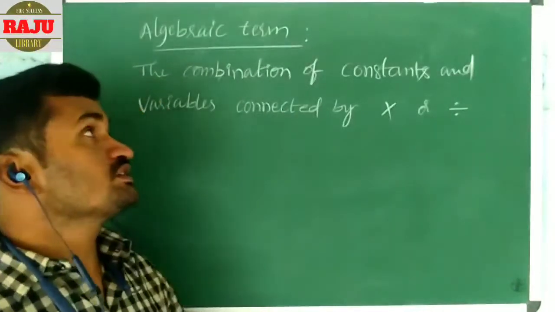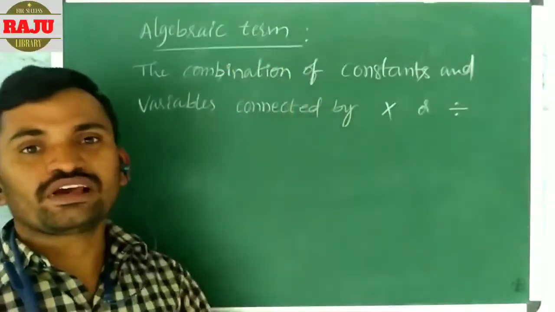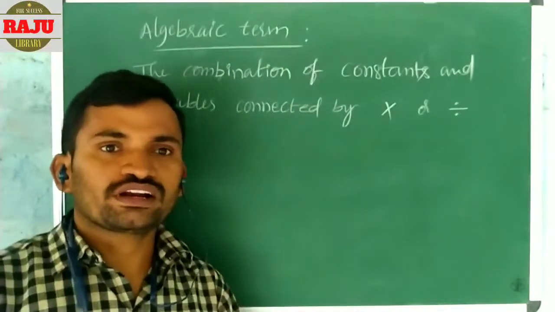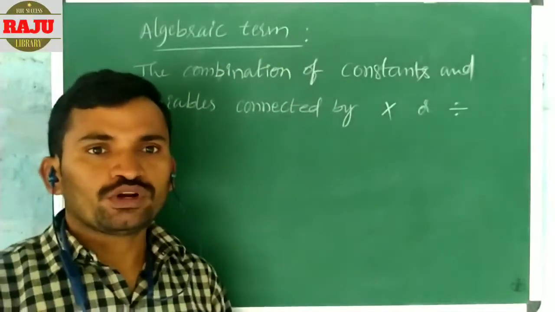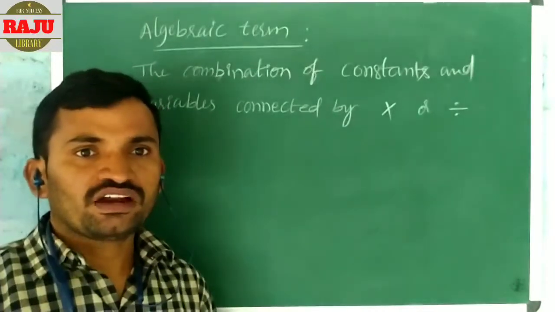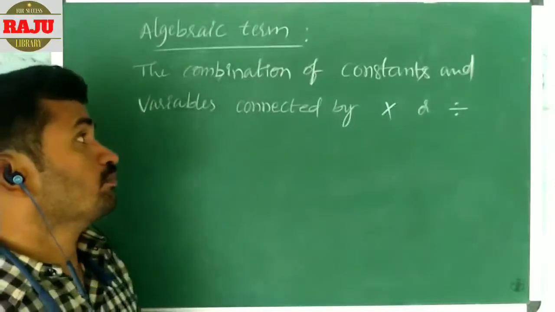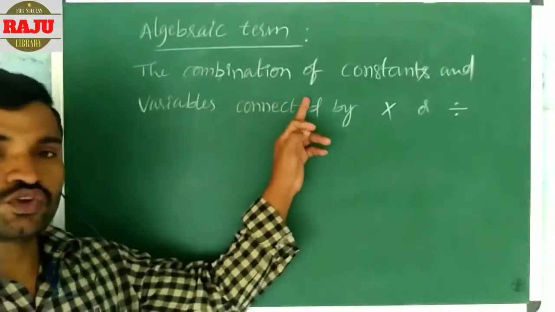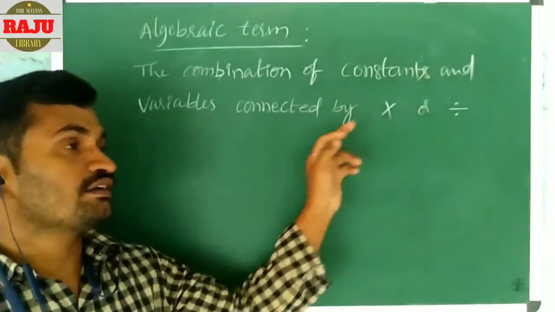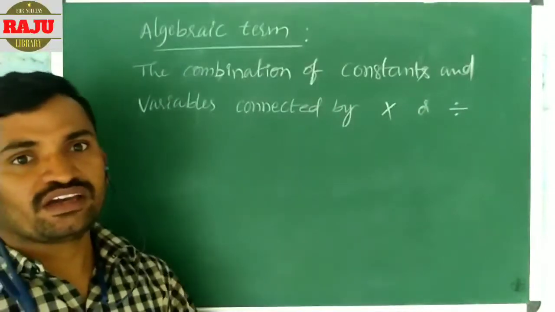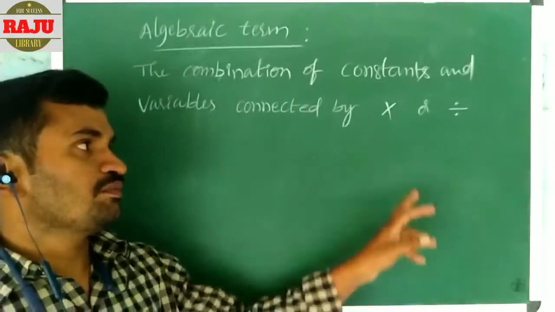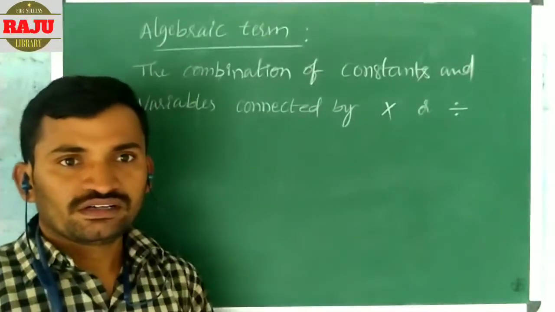Here let us see what is an algebraic term. I explained to you already, terms are of two types. One is numerical term, another one is algebraic term. So what is an algebraic term? Here, the combination of constants and variables connected by the mathematical symbols into or division.